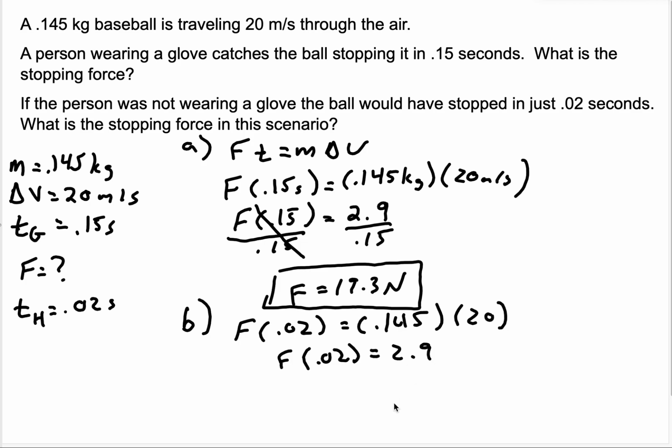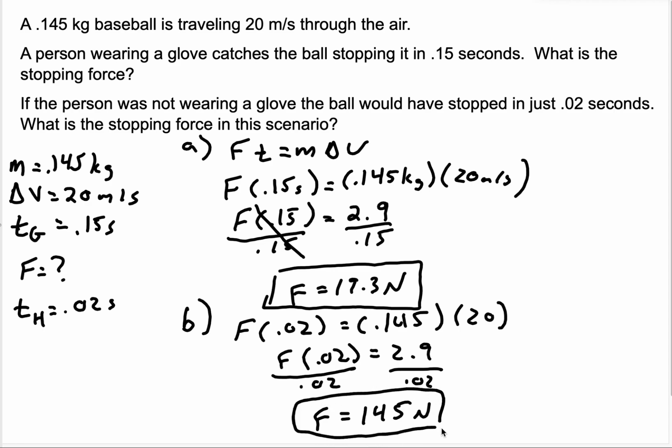So this will be 2.9 again. But now the time is 0.02. So to get rid of that, I'll divide both sides by 0.02. And 2.9 divided by 0.02, that will equal 145 newtons. So a significantly higher force.